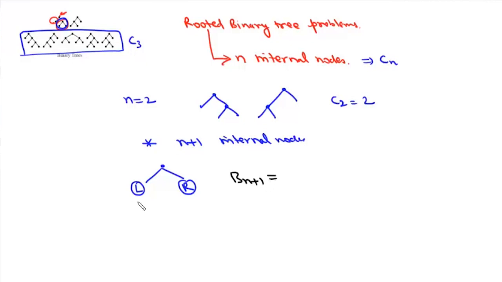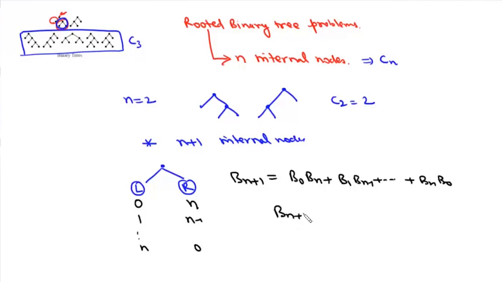We'll have the case when the number of nodes on the left is 0 and the number of nodes on the right is n, so it'll be b0 bn, or 1 here and n minus 1 here, b1 bn minus 1, and it goes all the way up to n and 0, so it'll be bn and b0. So we can write bn plus 1 as this summation, k varies from 0 to n, bk and bn minus k.